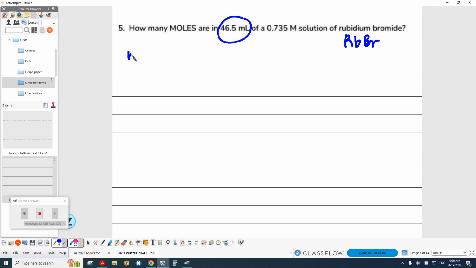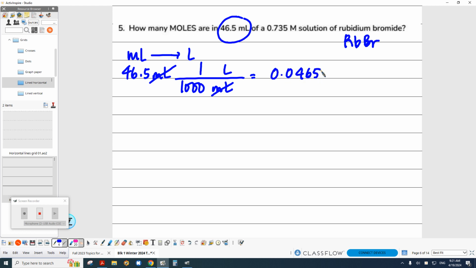Whenever you see milliliters, convert those to liters. And so 46.5 milliliters, we can convert from milliliters to liters. 1 liter is 1,000 milliliters. Milliliters cancel out. We're left with liters, 0.0465 liters.